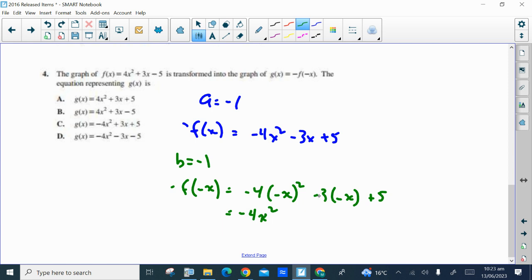But the second term, -3 times negative x, is positive 3x. And that is why C is the correct answer. A is multiplied by the entire function. X is replaced with bx. And whatever happened to the x before happens to the bx as well.